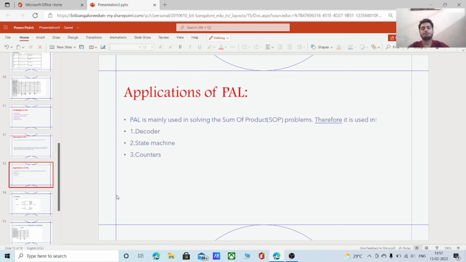What are the applications of PAL? It's mainly used in solving sum of product, or SOP, problems. So it is used in combinational logic circuits. The examples are decoders, state machines, and counters.